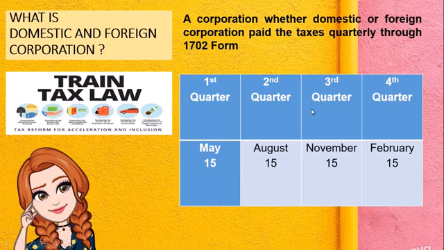For the third quarter, July to September, you pay it after 45 days, which is November 15. For the fourth quarter, which covers October to December, you have the option of either paying it on February 15 or waiting until April 15 after the audited statement.